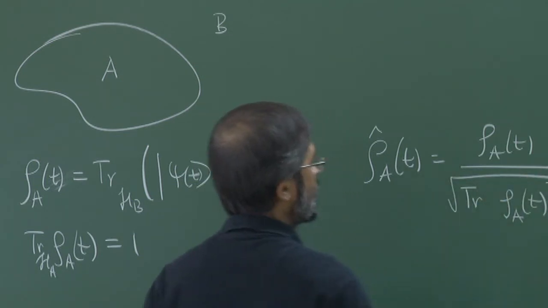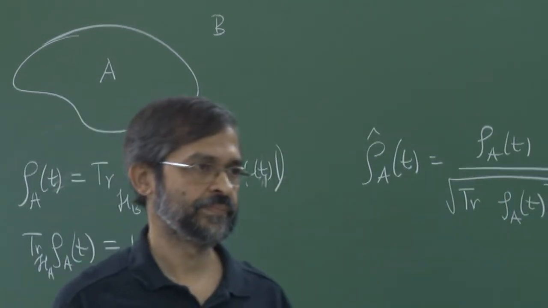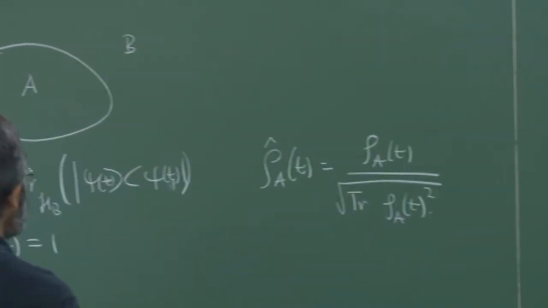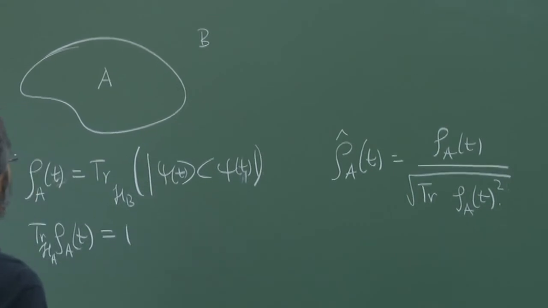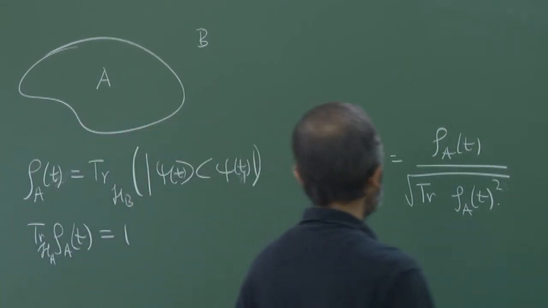This is a square normalized density matrix, and I am going to now define this thermalization function.